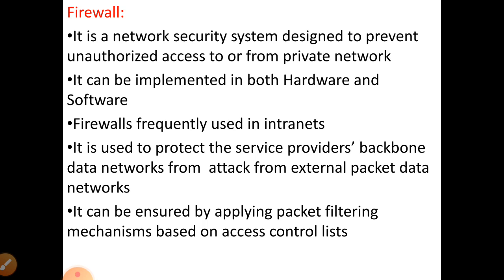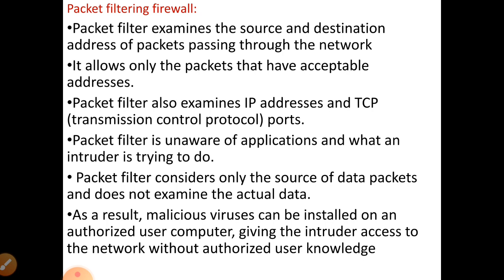Now we are going to see how this firewall can protect the original user from the external packet data network or external persons by applying the packet filtering technique. Next we go for the packet filtering firewall. This packet filter examines both the source and destination address of whatever passes through the network.